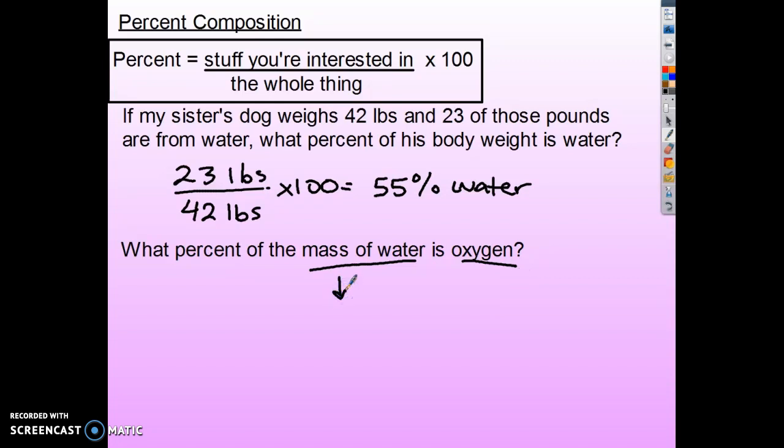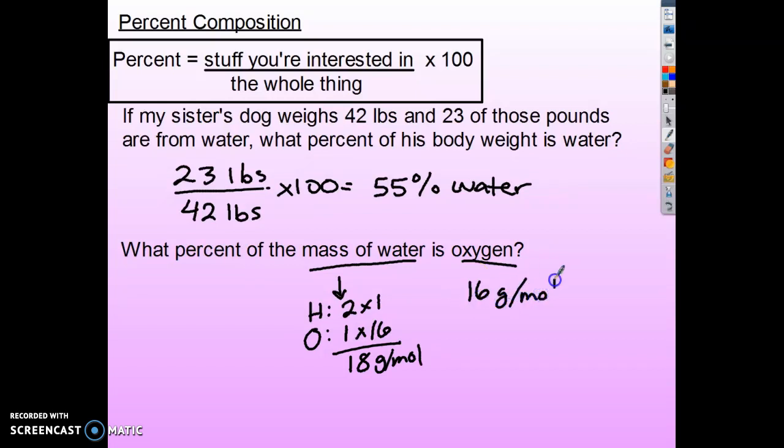Water we calculated a little bit ago to have a mass of 18 because it's got 2 hydrogens times a mass of about 1, and it's got 1 oxygen with a mass of about 16. So that gives us a total of 18 grams per mole of water. The mass of just oxygen itself is 16 grams per mole. So let's take the stuff we're interested in, divide it by the whole thing, and multiply by 100.